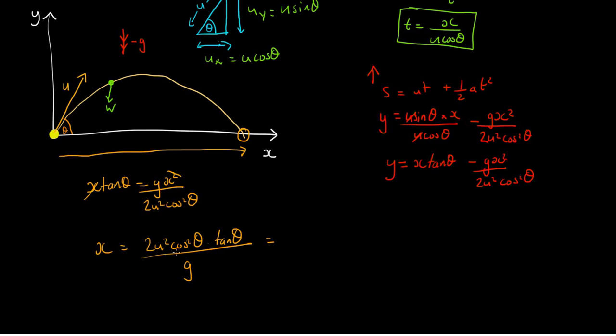So I'm going to cancel that cos with this other cos. So we end up with 2u squared sine theta cos theta divided by g. And from your double angle formula, you should know that 2 sine theta cos theta is sine 2 theta. So that can be written as u squared sine 2 theta divided by g.